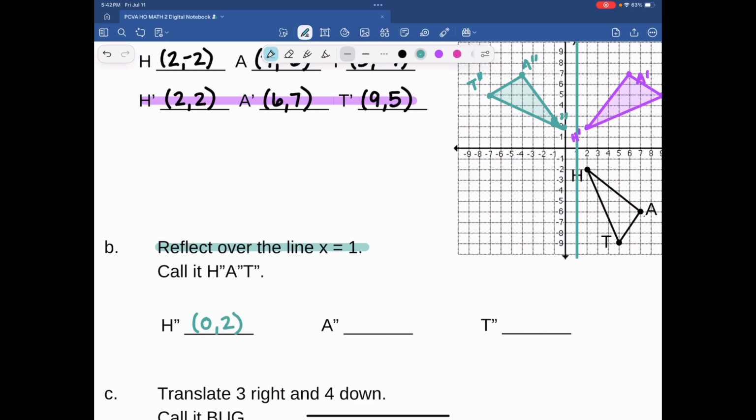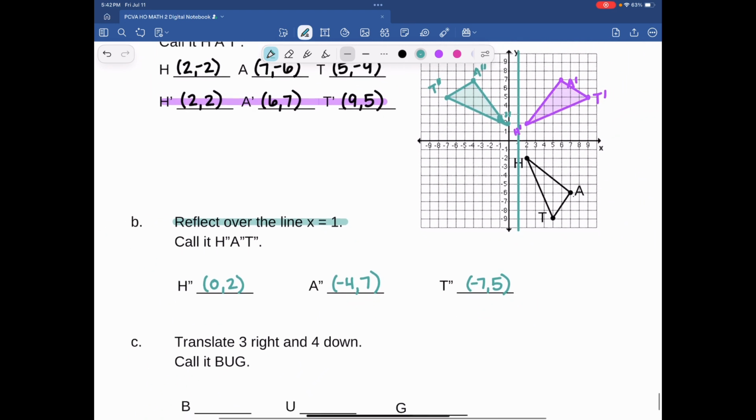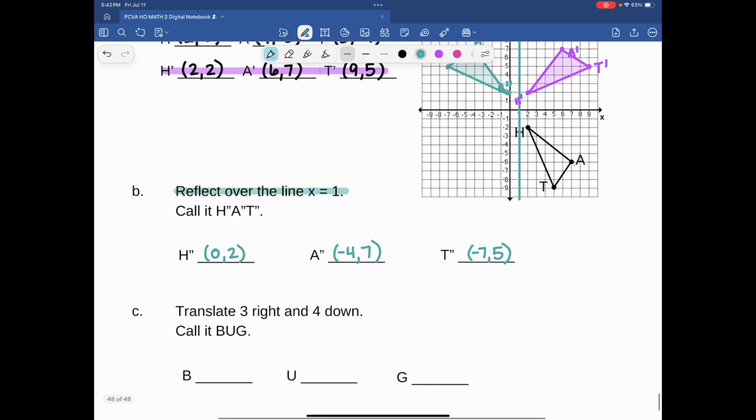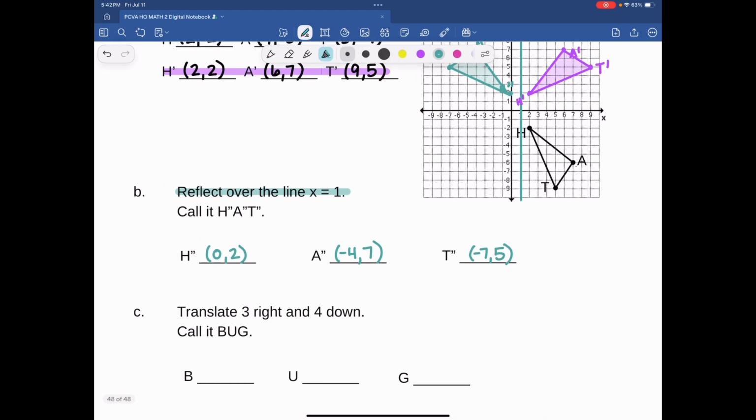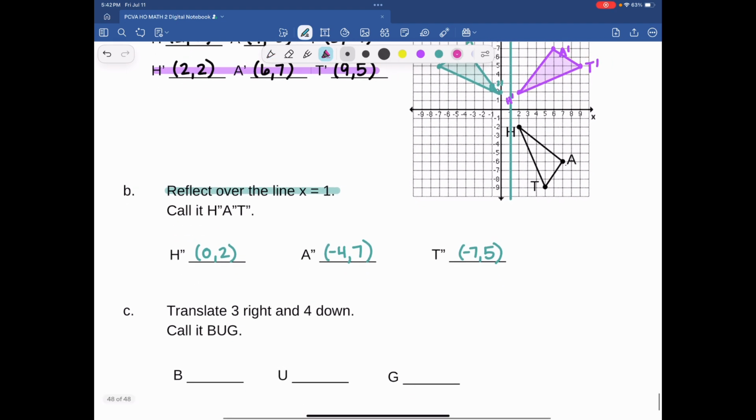Then for the A, we got (-4, 7). And then for the T, we got (-7, 5). Okay, so we've done the rotation, we've done the reflection, and now we want to translate it. So they want us to translate it 3 units to the right and 4 units down.